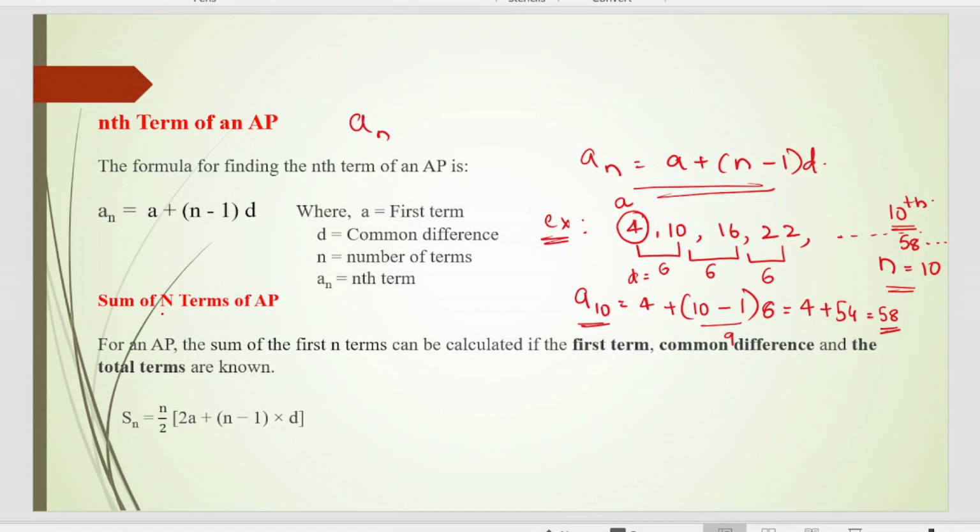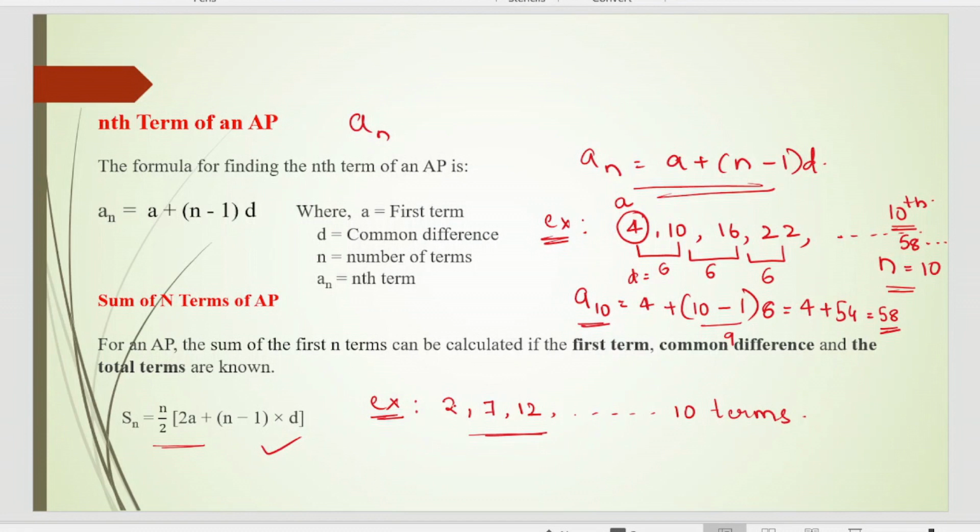The next one is the sum of n terms of an AP. So this is the formula for the sum of n terms of an AP, to find the total when we know how many terms we have in an AP. So for example, if you have 2, 7, 12, and you have 10 terms here, and you want to find the sum of this AP, you will be using this formula.